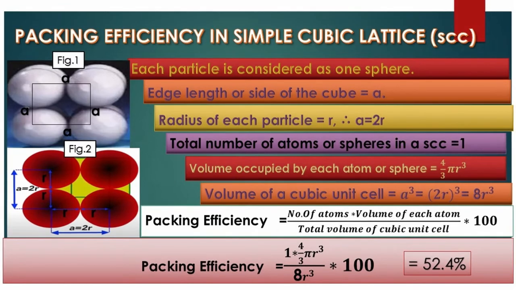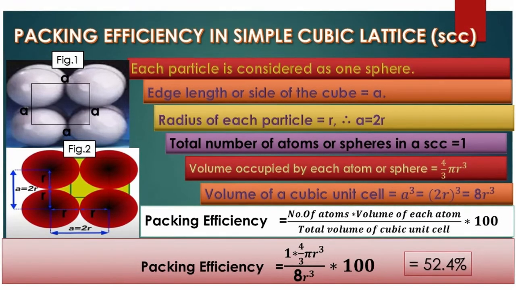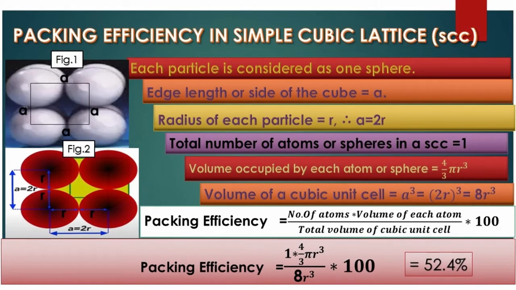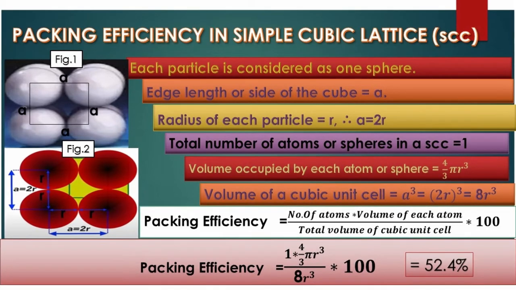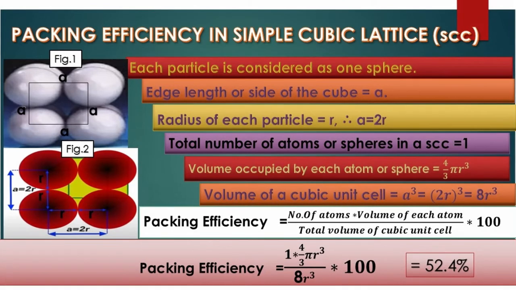To calculate packing efficiency, we have the formula. We have to multiply the number of atoms with the volume of each atom, and divide it by the total volume of the cubic unit cell. Then you need to multiply it by 100%.